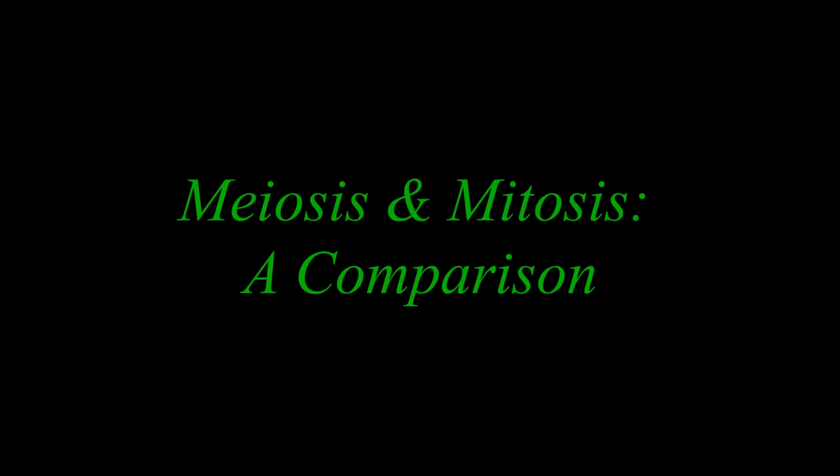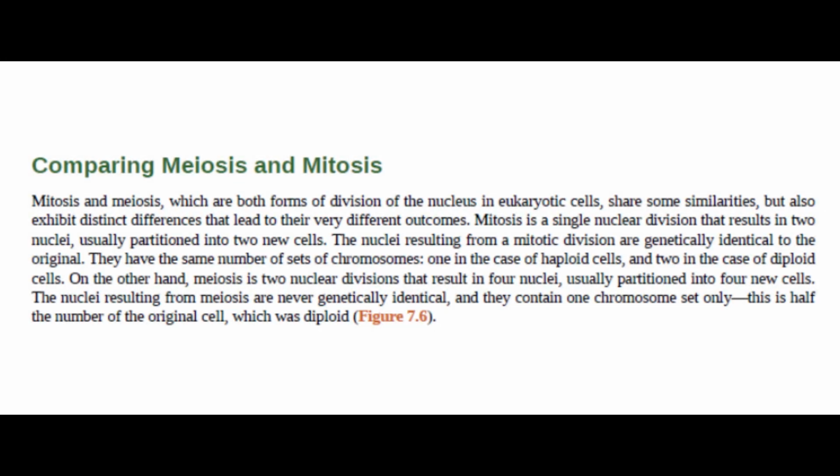Comparing meiosis and mitosis. Mitosis and meiosis, which are both forms of division of the nucleus in eukaryotic cells, share some similarities, but also exhibit distinct differences that lead to their very different outcomes. Mitosis is a single nuclear division that results in 2 nuclei, usually partitioned into 2 new cells. The nuclei resulting from a mitotic division are genetically identical to the original.